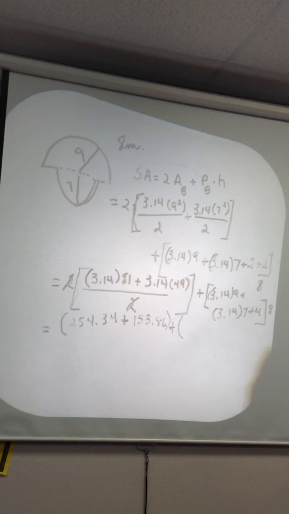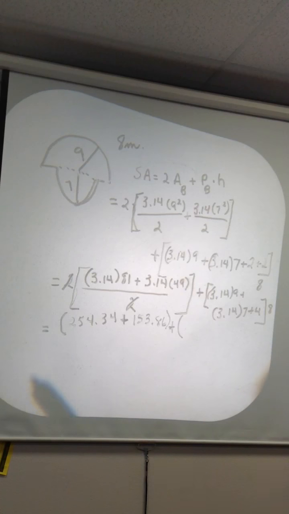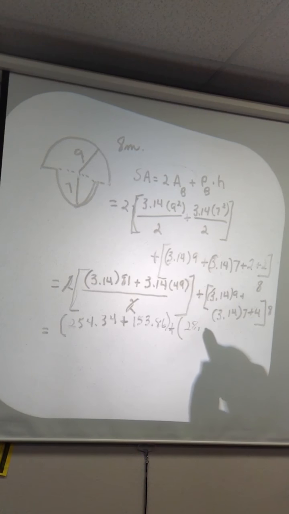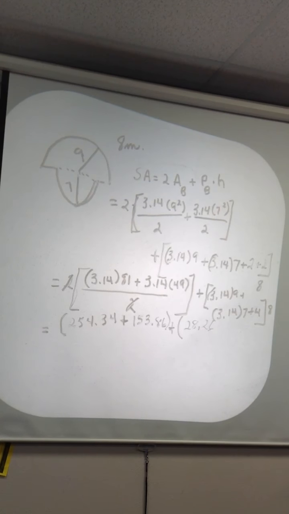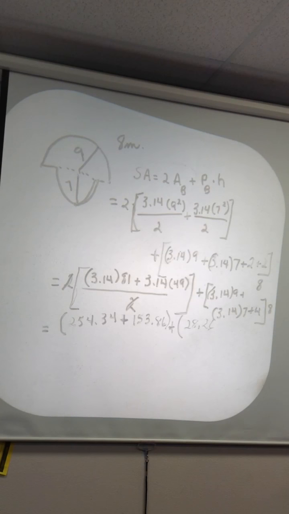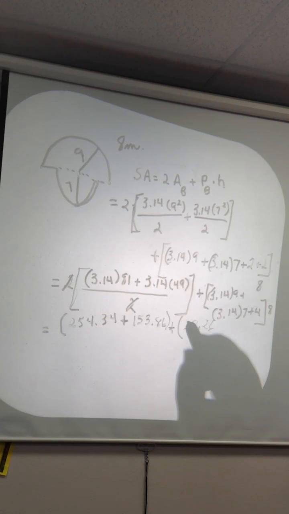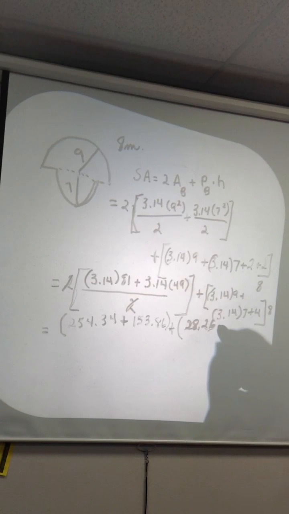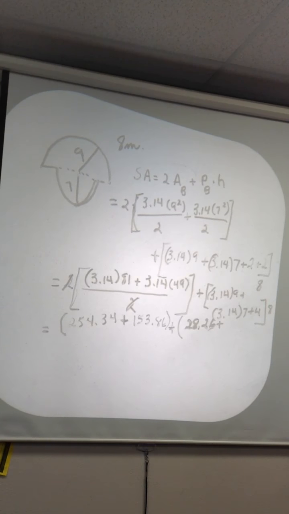All right, what do you get when you multiply 3.14 times 9? Alina? 28.26 plus, okay, what do you get when you multiply 3.14 times 7?